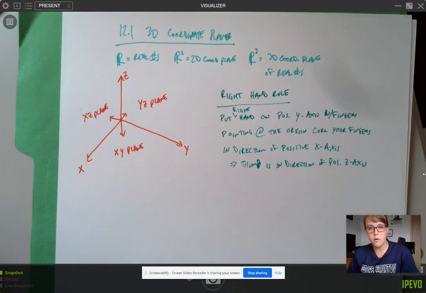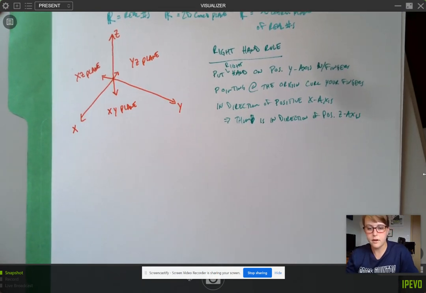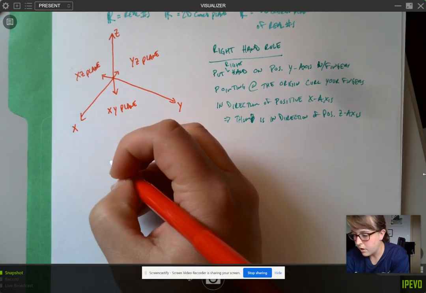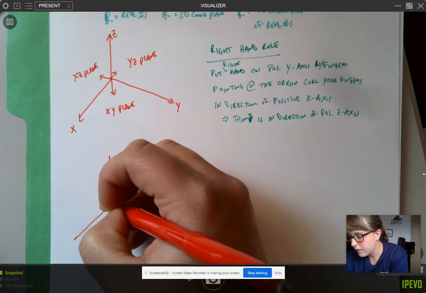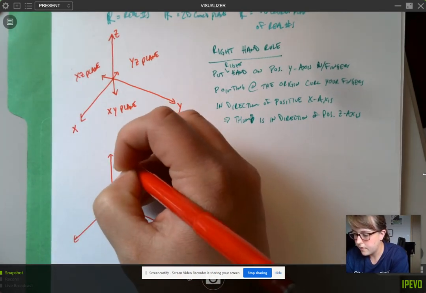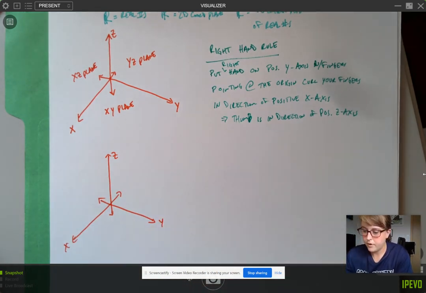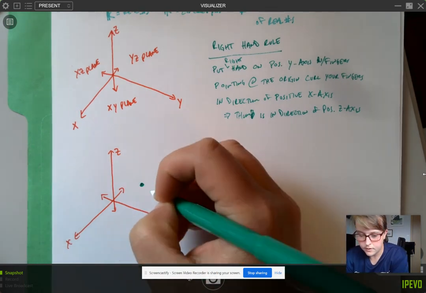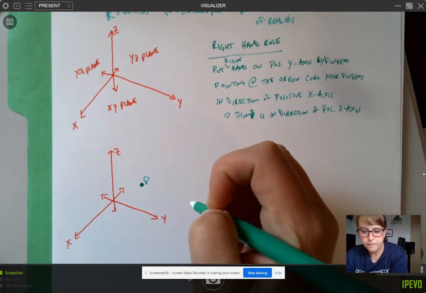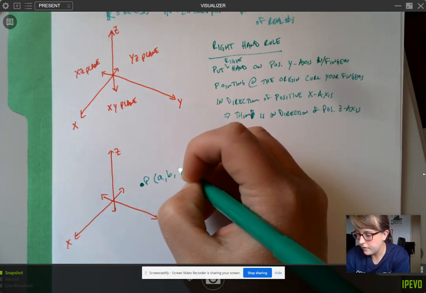Okay, the other thing that we need to know when we're talking about the three-dimensional coordinate plane is how to refer to coordinates. It's going to be in an ordered triple. So we've had ordered pairs in the two-dimensional coordinate plane. So again, three-dimensional is not going to be all that different. If we have our coordinate plane drawn out, let's say we've got a coordinate out here somewhere, our point P. It's going to have an x coordinate, a y coordinate, and a z coordinate.